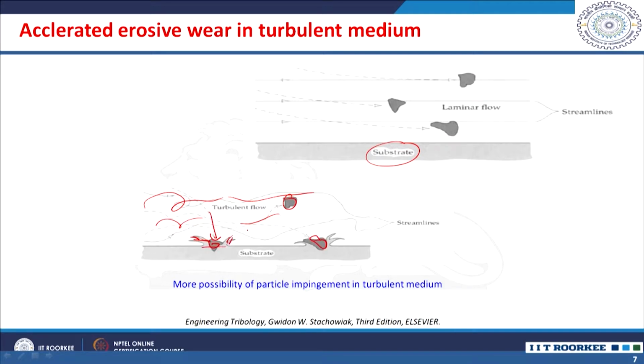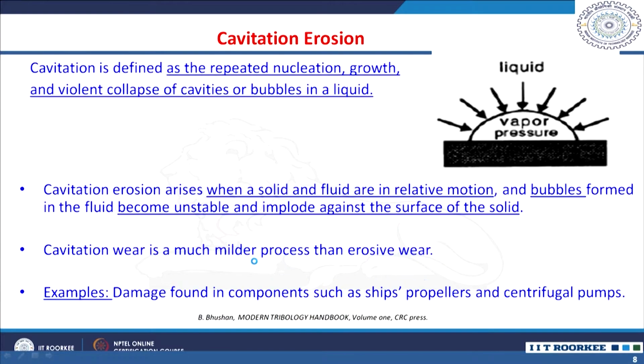So, that will lead to more ploughing or cracking, that leads to more wear, right, compared to the laminar flow. The particles impinging on the surface lead to accelerated erosive wear.